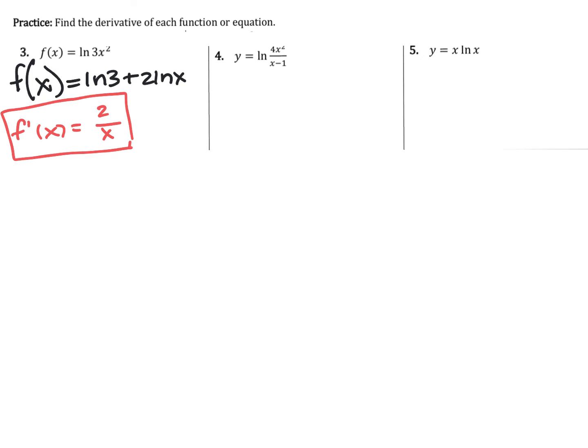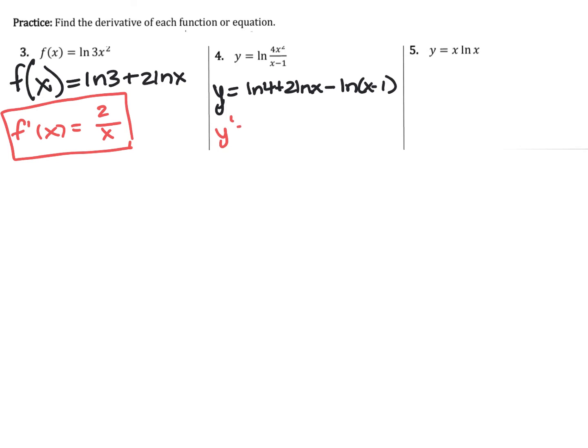Here on number 4, if I expand this out first, I'm going to get y equals natural log of 4 plus 2 natural log of x minus natural log of x minus 1. So the numerator I'm expanding out using that product property and the power property, and the denominator using the fact that that division becomes subtraction.